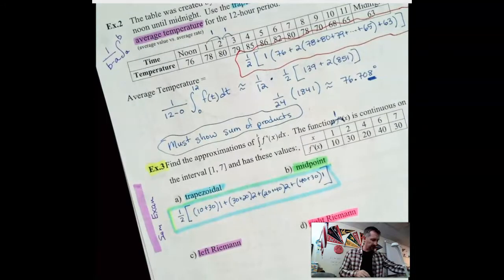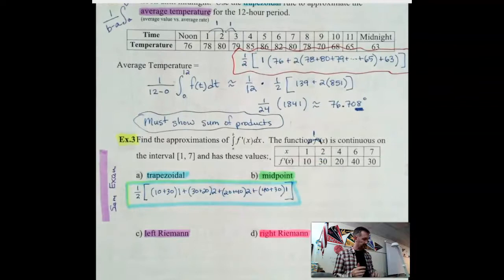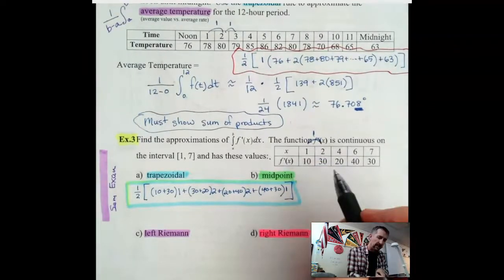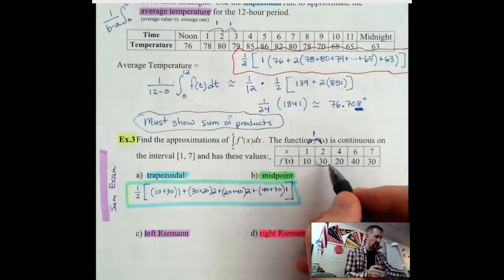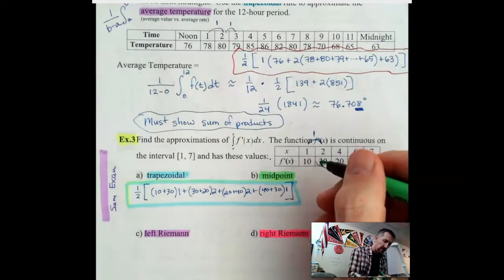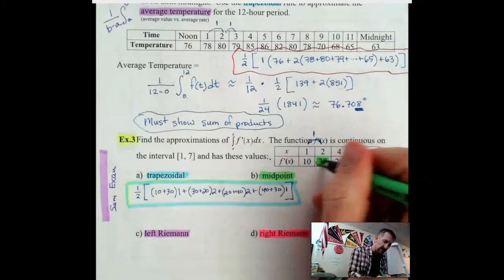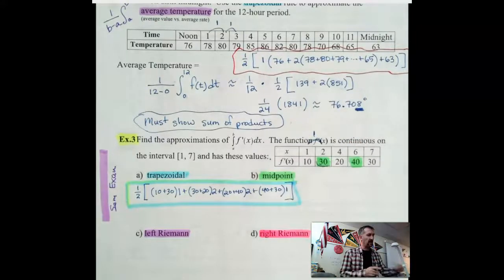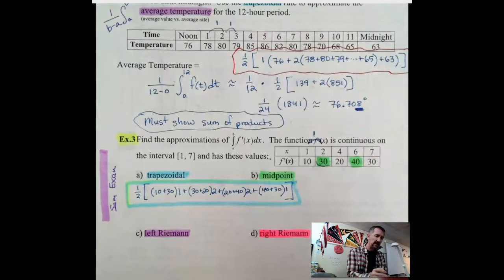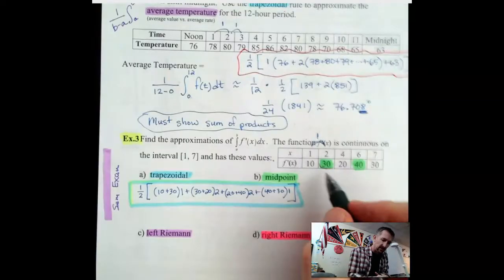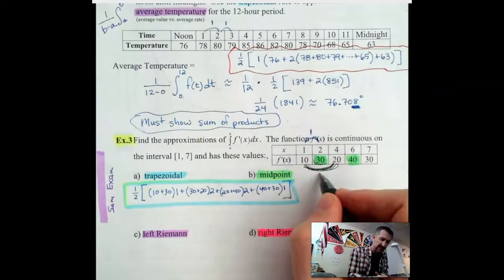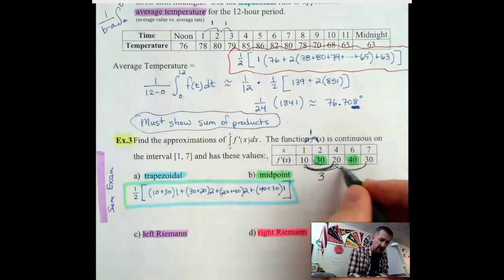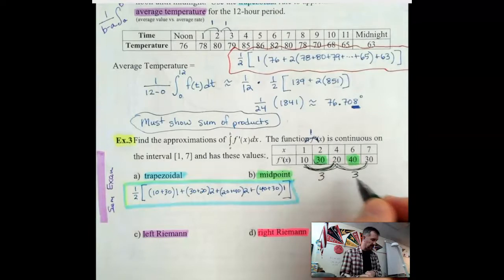Alright. Now, for the midpoint, you're going to take the middle values. So it's going to be 30 and 40. Now the mistake students make here is that if you're taking the midpoint, you're going all the way across here. So your height is going to be 3. And here, your height's going to be 3 also.